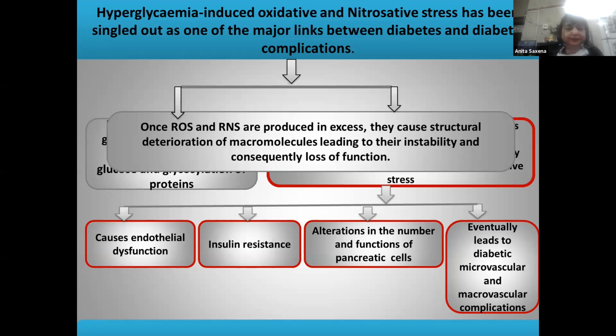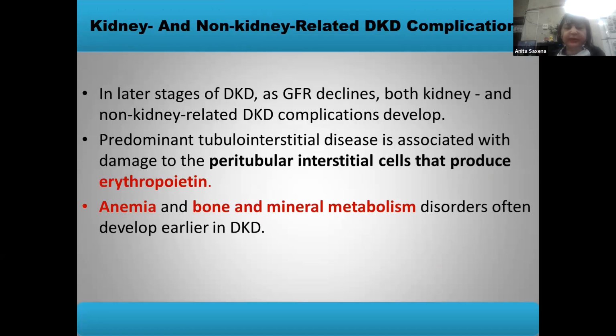So once ROS and RNS are produced in excess, they cause structural deterioration of macromolecules, leading to their instability and consequently loss of function. So in later stages of diabetic kidney disease, as GFR declines, both kidney and non-kidney related complications develop, and predominant tubulointerstitial disease is associated with damage to the peritubular interstitial cells that produce erythropoietin. Anemia and bone mineral metabolism disorders often develop earlier in diabetic kidney disease.